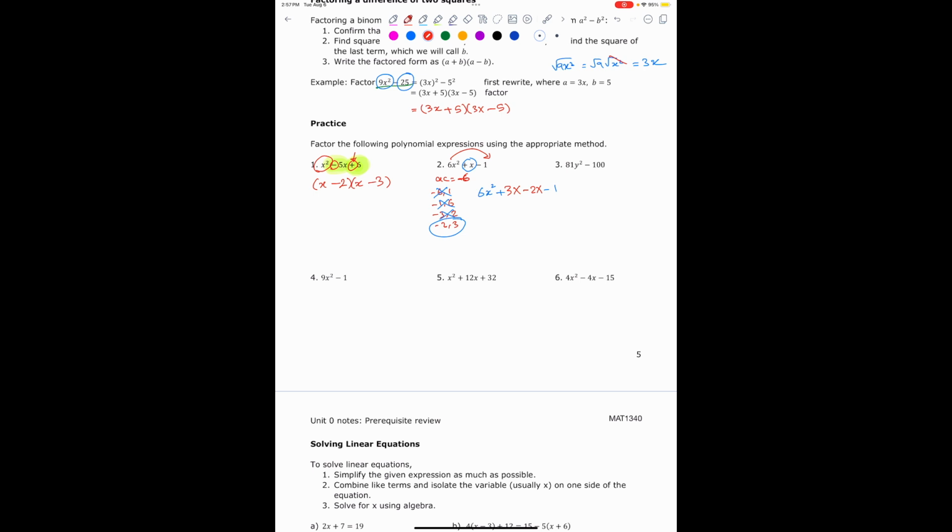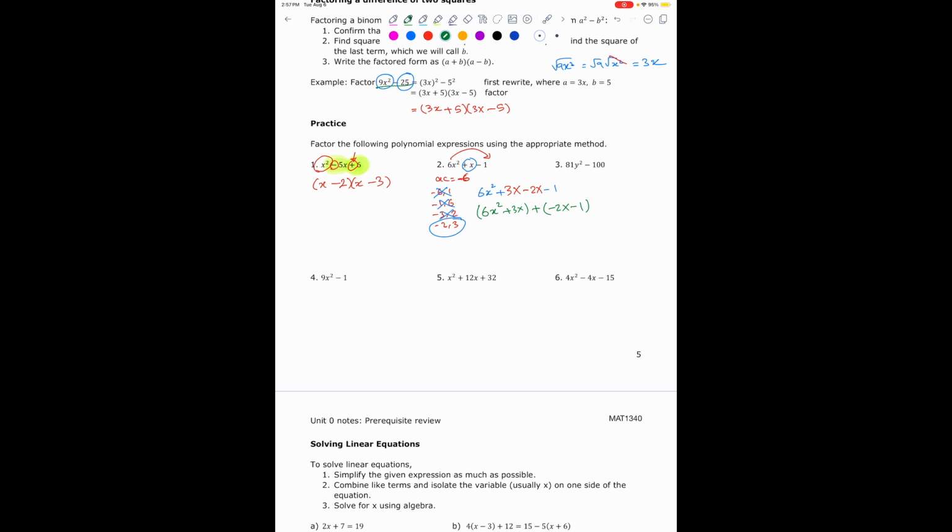So in this case here, I will rearrange the terms. I will take the first two together, and then the second two together. Remember, there is a plus sign in between them. The negative is the sign of the 2, and there is a plus sign in between. So I will take 6x squared plus 3x as a binomial plus negative 2x minus 1 as another binomial.